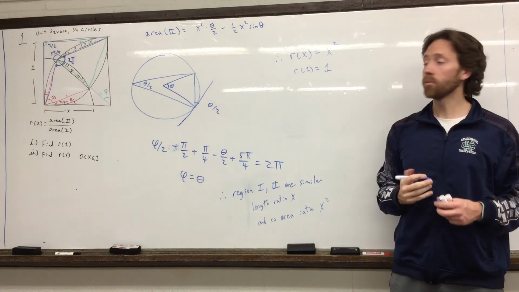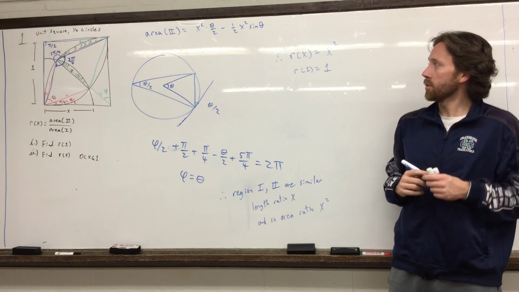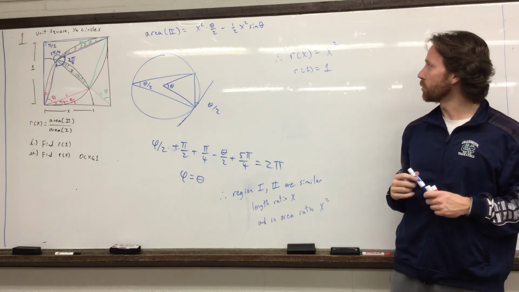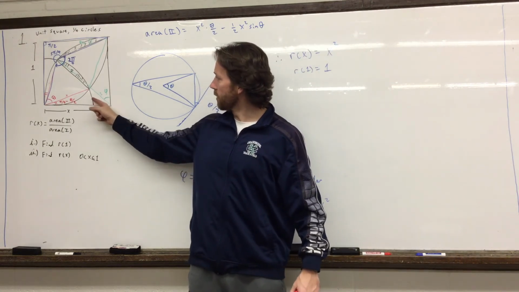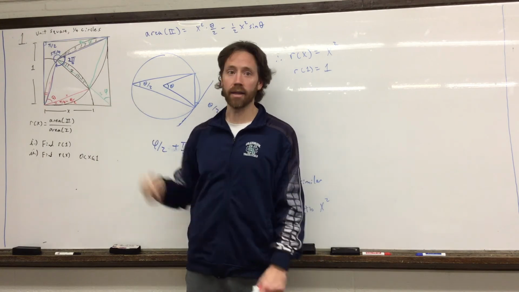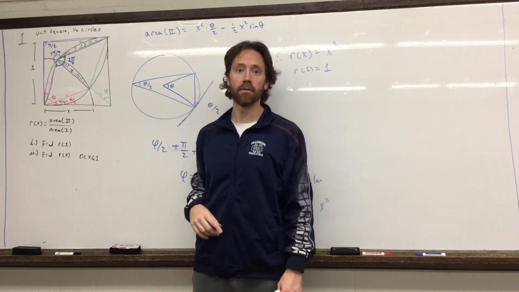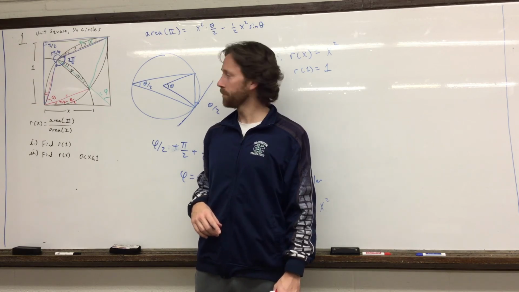And that's what the function was looking for, the area ratio, and it's a very simple function, x squared. And in particular, r of 1 equals 1. So if I drew the picture with x equal 1, we'd have the same. It would probably be easier to show a different way that the two regions would be congruent.